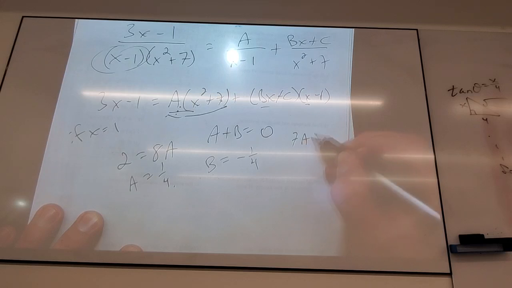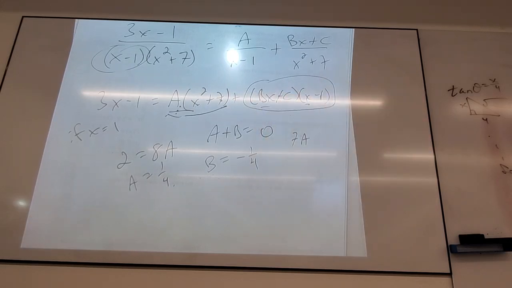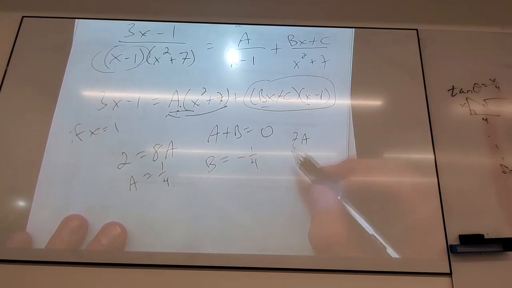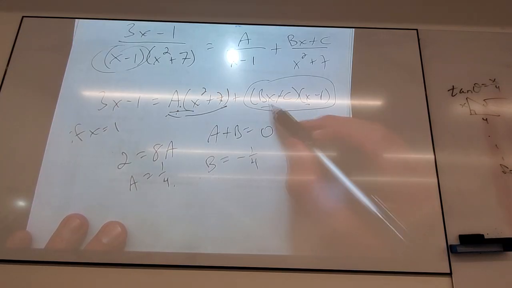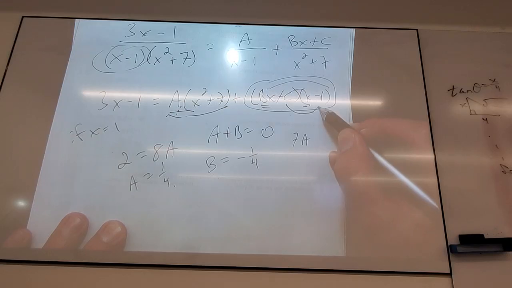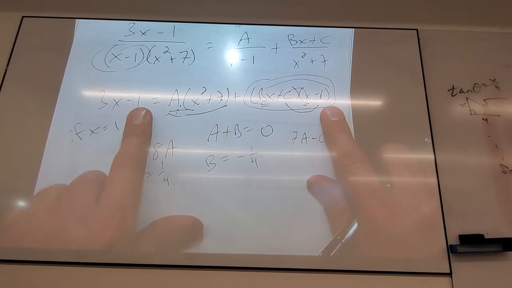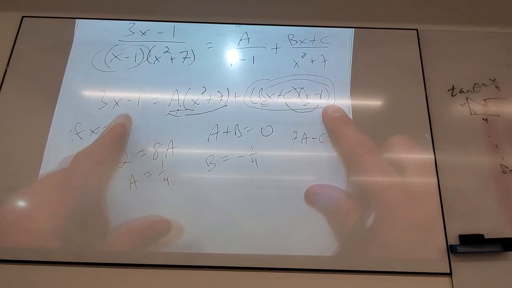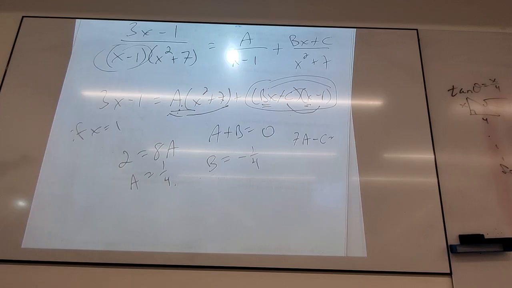And what's the constant term from all this? You don't have to multiply it out, do you? What's the only constant term you would get? Minus c. You get bx squared plus cx minus bx minus c. That's the only constant term you get, correct? What must 7a minus c equal? Must be negative 1. It must be the constant term.